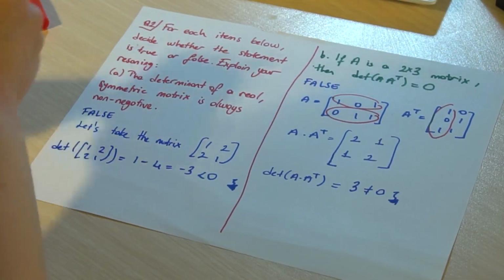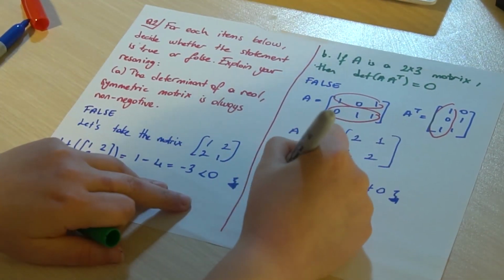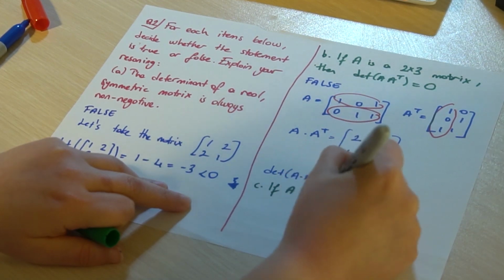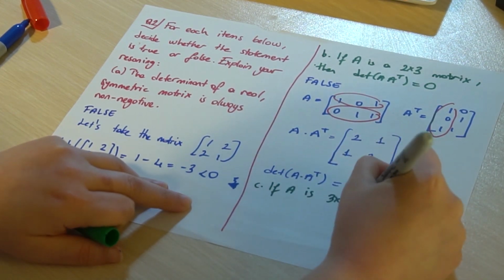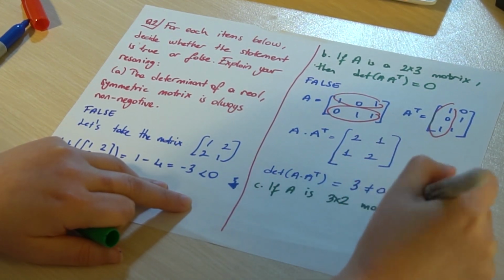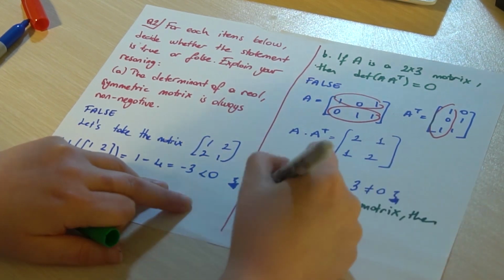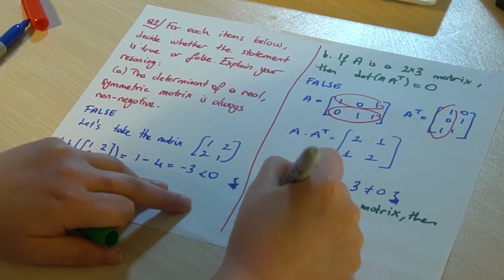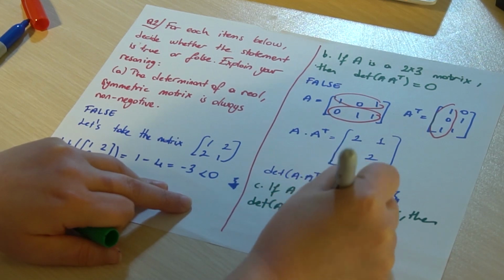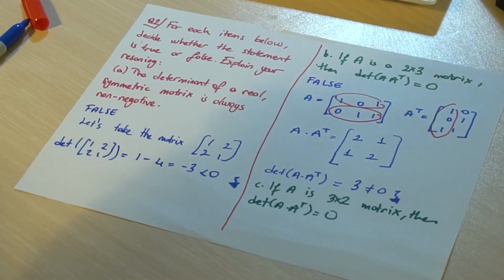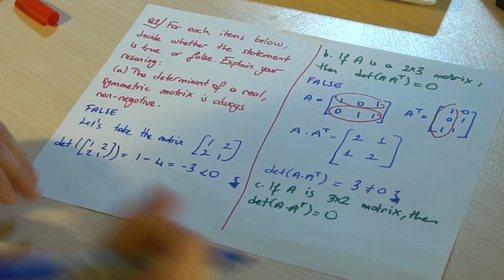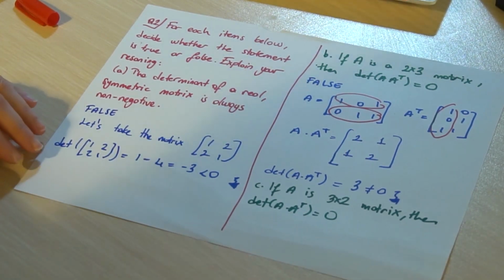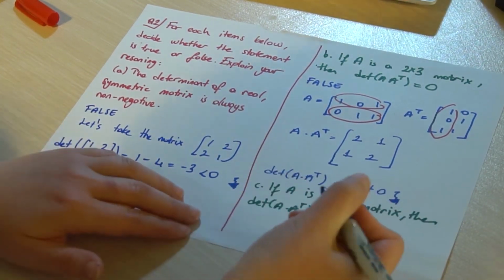At part C, we have again a matrix A. If A is a 3 by 2 matrix, then the determinant of A times A transpose is equal to 0. Now, for this, we will check again.